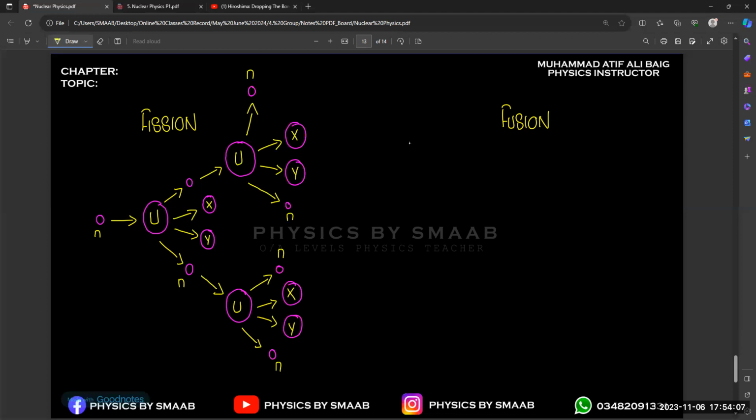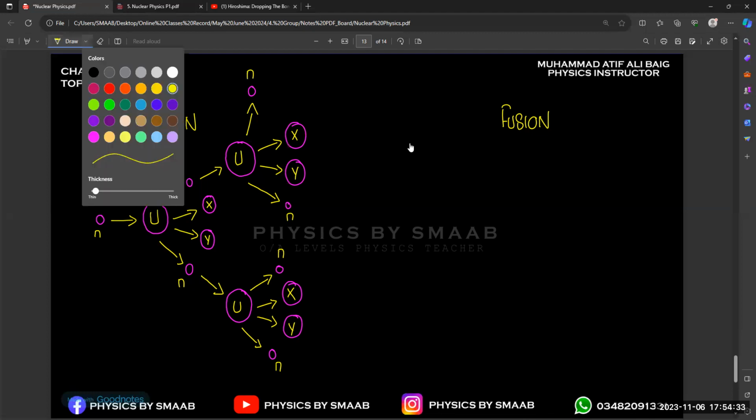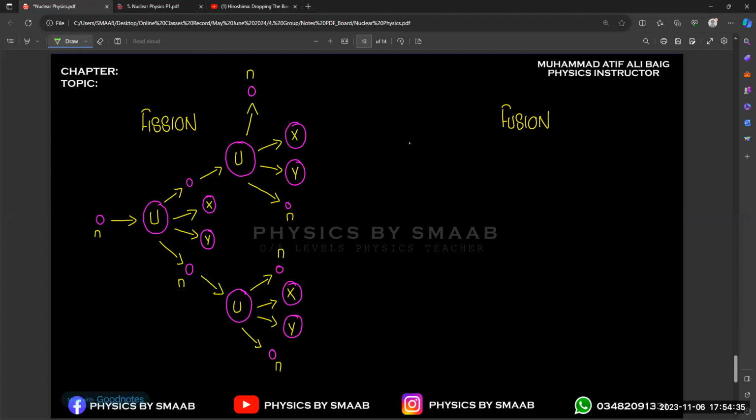What about for fusion? Yes, for fusion, we can write the equation and draw the diagram like this. For fusion, we just take the example of two elements that are the isotopes of hydrogen.